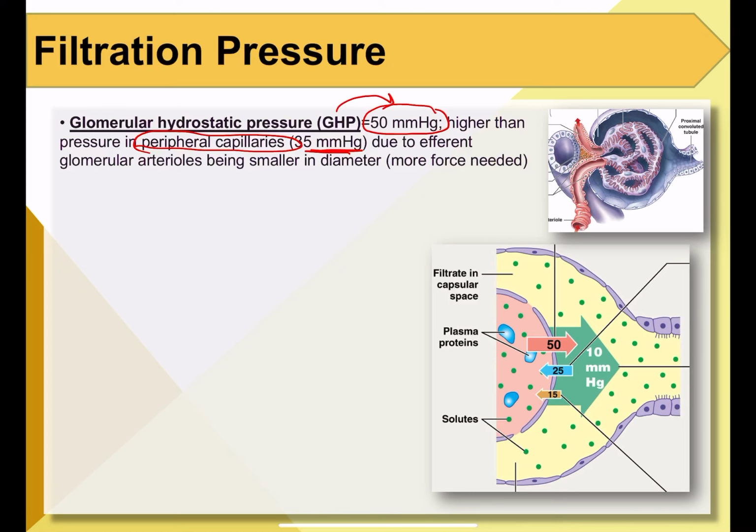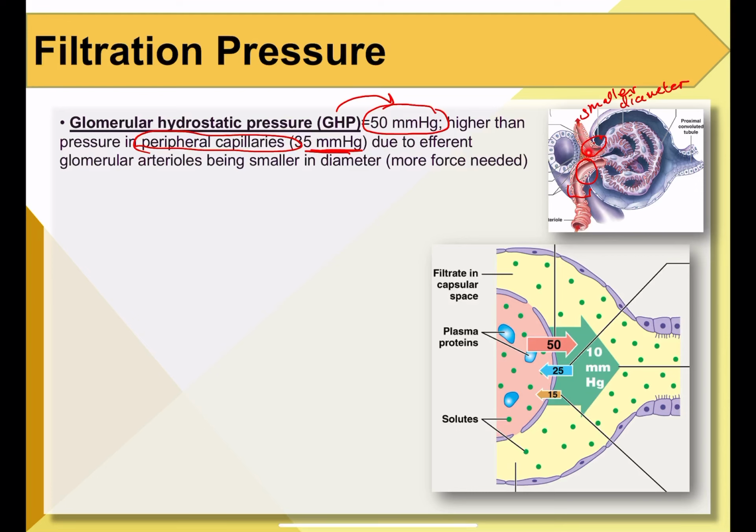The efferent arteriole, which is this one right here, is smaller in diameter than your afferent arteriole. So this is also another way you can identify afferent versus efferent on models in lab exercises: the thicker one is your afferent arteriole, and the thinner one is your efferent arteriole.